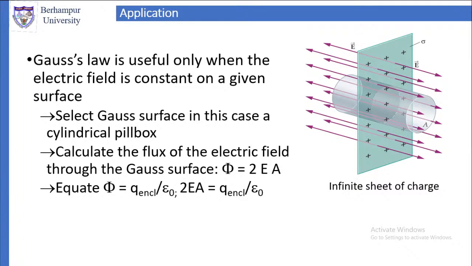So for each face it is EA. We have two faces, therefore the total will be 2EA. So phi is equal to 2EA.